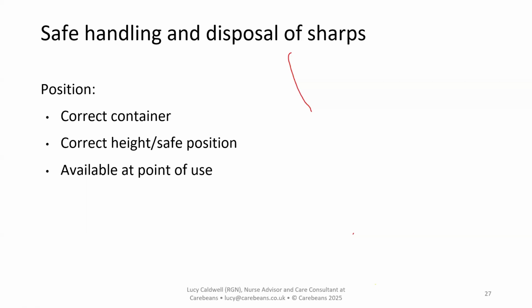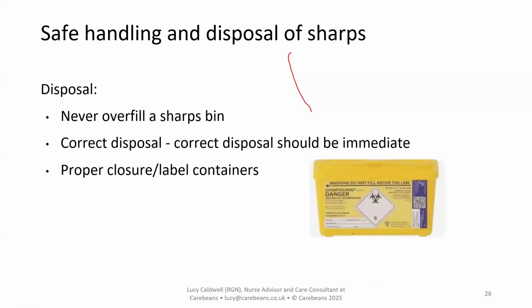When it comes to sharps bins, we should never overfill them. Here we've got another sharps bin. This is a slightly different one, a smaller one, but the same makeup. It's got the label on it, it's clinical waste, it's yellow, it's a very tough plastic, and it's got the slider at the top. You should never overfill a sharps bin. It will tell you on the sharps bin, do not fill above this line.